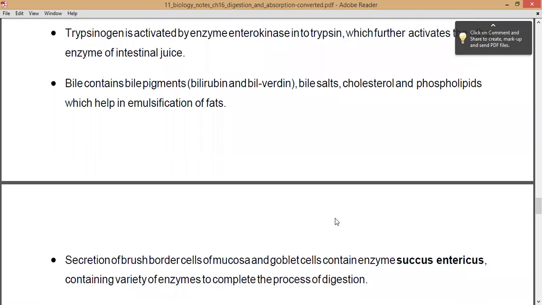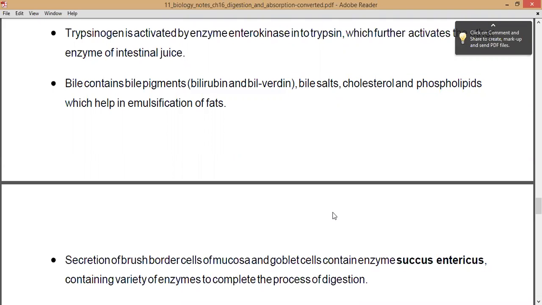Once the digestion takes place in the small intestine, after that the waste is passed on from the small intestine, right? Now before passing the waste, whatever food you are eating, you are eating it for getting a proper amount of nutrition, so the nutrients present in that food are going to be absorbed by your body.